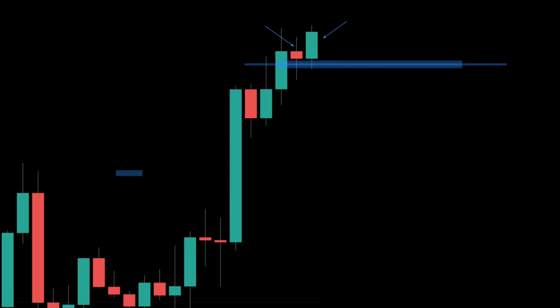Whenever you have big moves in the market and there's a bit of rejection after a big move, there's a very high probability that the entire move is going to get corrected by the next candles coming down. If this support gets respected, then there's a high probability the price is going to continue moving bullish.